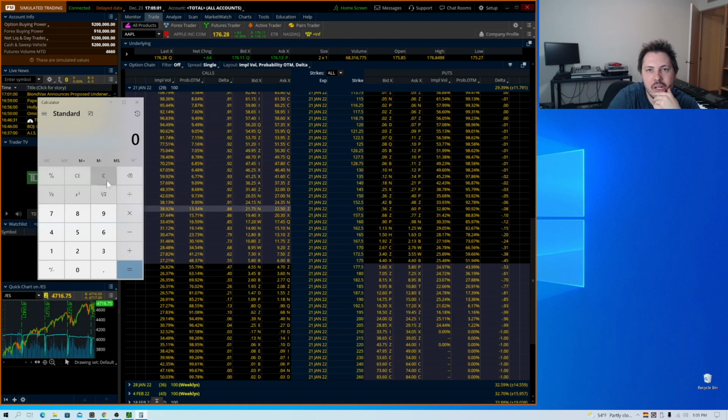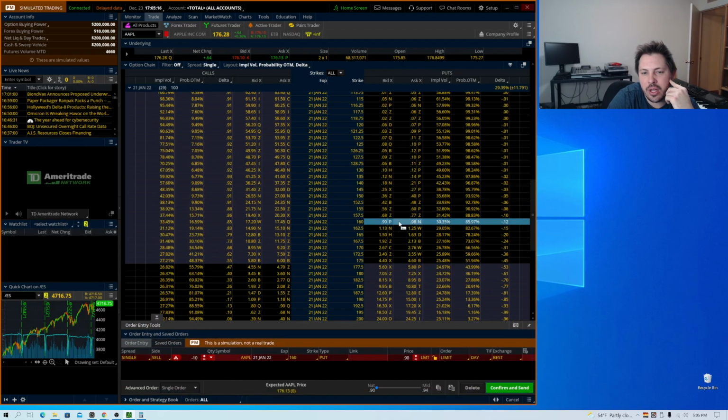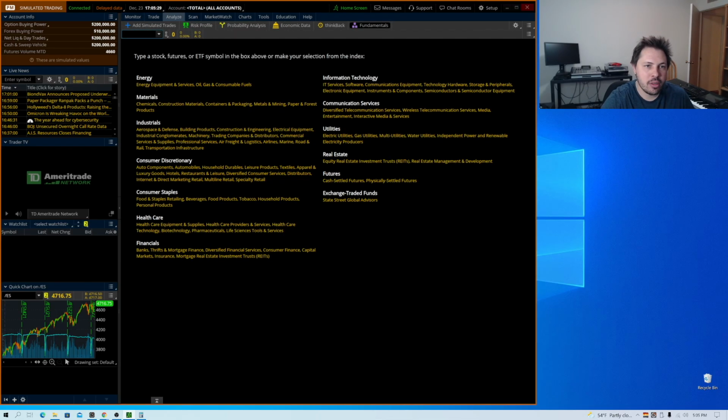And on the converse side, we have an 88% chance that this is not going to end in the money. So if we were to sell just one of these puts against Apple, let's go in the middle of the bid-ask spread, and we'll analyze this trade.